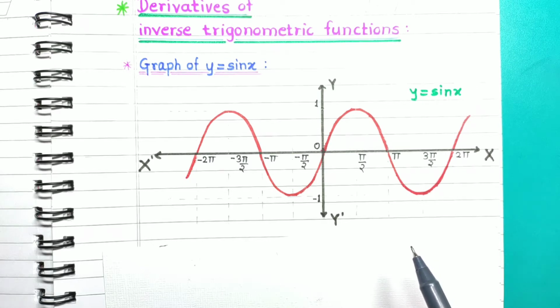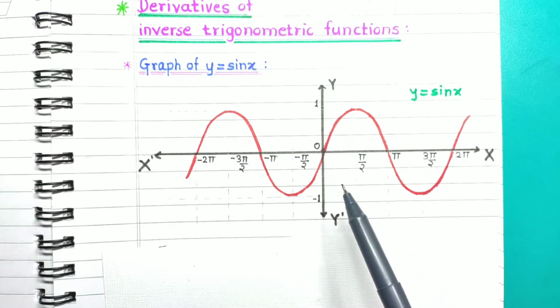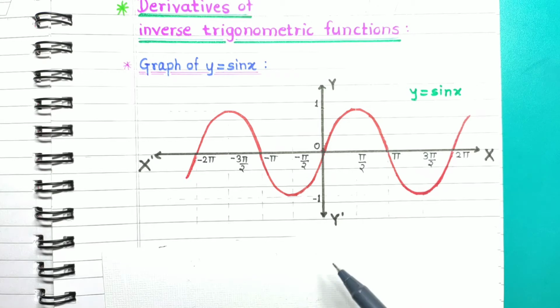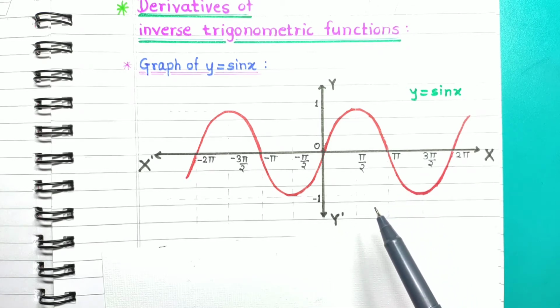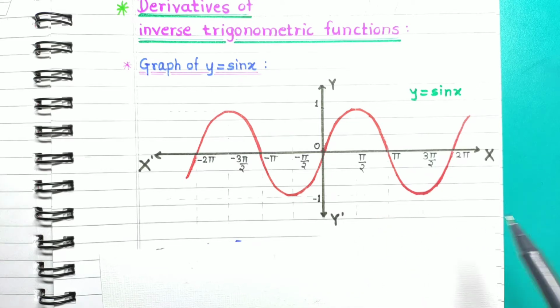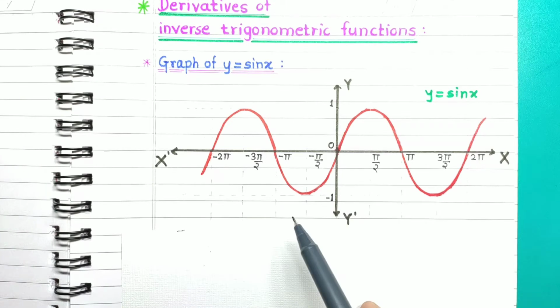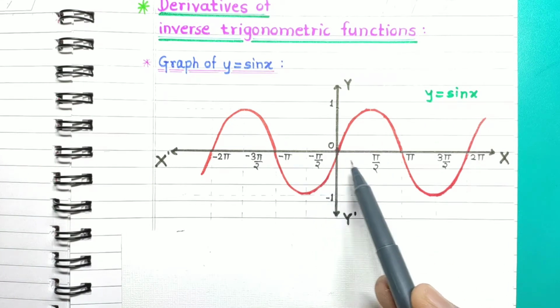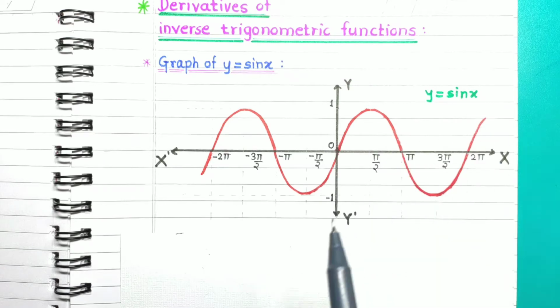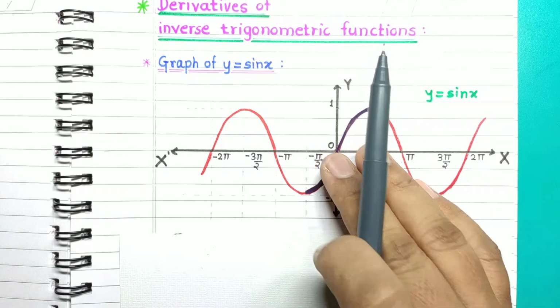exist. However, from the graph of these functions, we see that there are some intervals in their domain on which they are one-one and onto. Students, in the graph, you see this interval, closed interval minus pi by 2 to pi by 2. Let me show it like this.